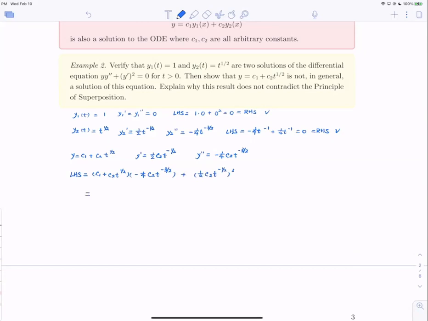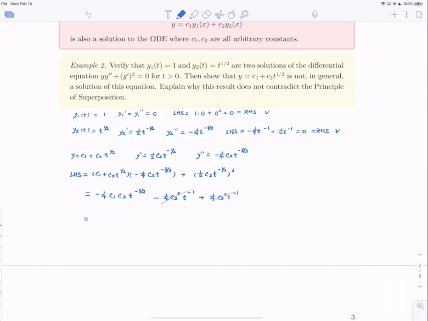So this will give you negative 1/4 c1 c2 t to the negative 3/2, minus 1/4 c2 squared t to the negative 1, plus 1/4 c2 squared t to the negative 1. Those two cancel out.